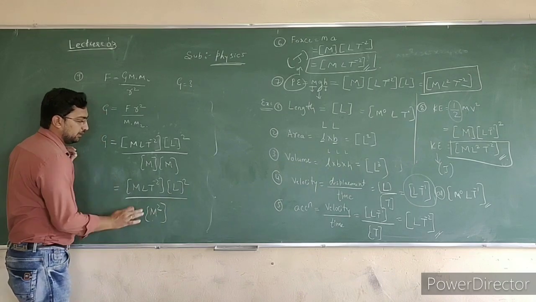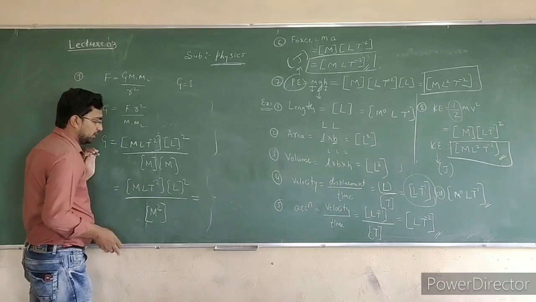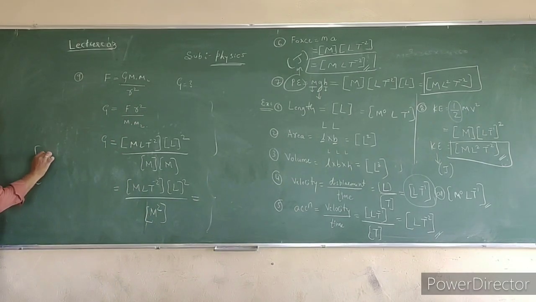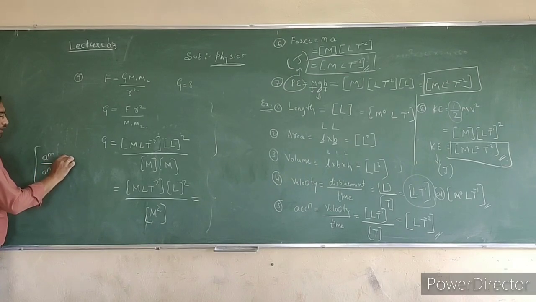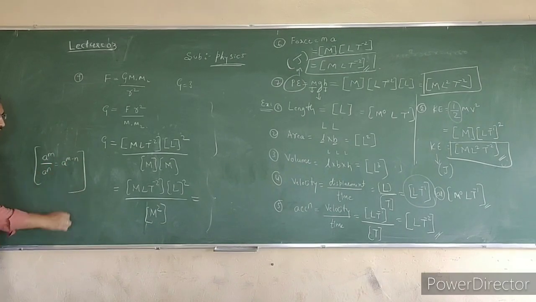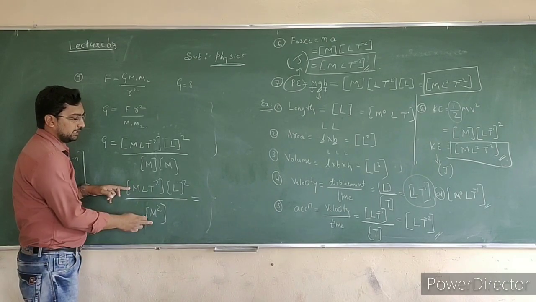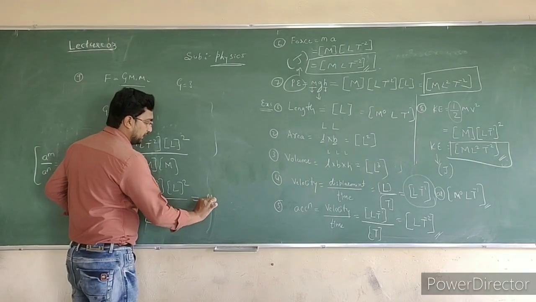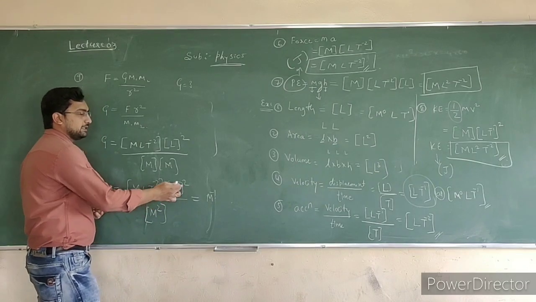So then the dimension formula for G is equal to, this is in the form of a to the power m divided by a to the power n, that is equal to a to the power m minus n. Right? So this is M to the power 1 and this is M to the power 2, so then M to the power minus 1. Next, this is L to the power 1 and this is L square.